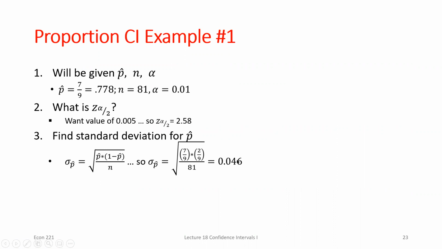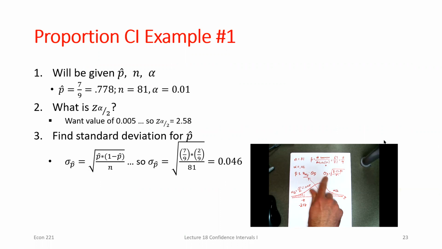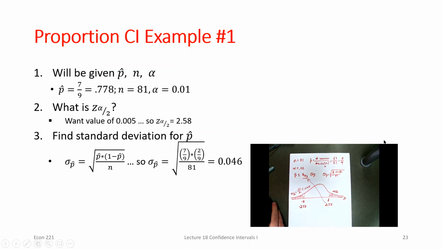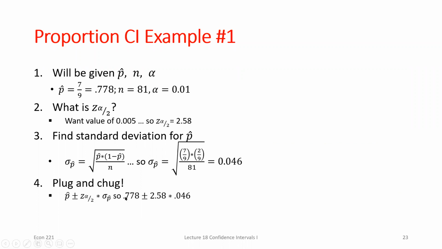So now I've got the standard deviation of my sample proportions. I can plug that value in, I can plug in my sample proportion, I've got that Z value. So here, it's just a matter of plugging everything into that equation and doing a little bit of computation. Any questions on any of the steps or the procedure, or just in general questions about this?